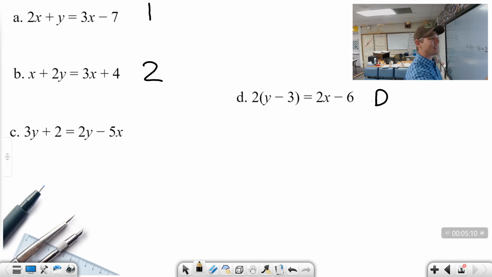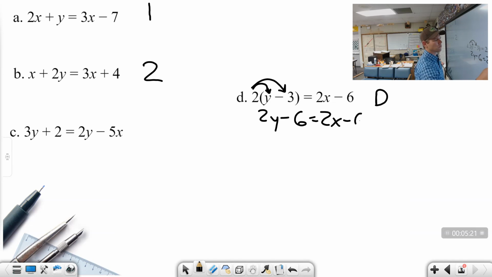Letter D requires a distribute. If you've forgotten distribute, that means 2 times y, 2 times -3 is -6. Okay, and then you can go from there. But once you have made them all y equals, the last thing you need to do is decide what is M, what is B, what is the growth, what is the beginning value.